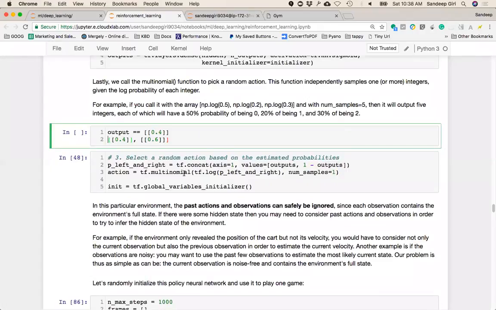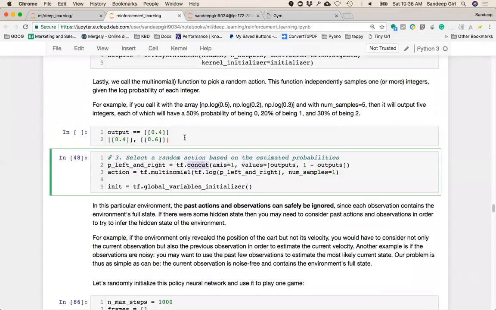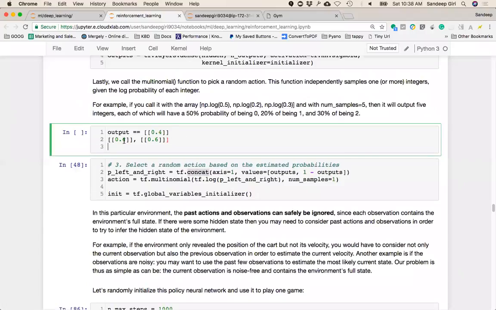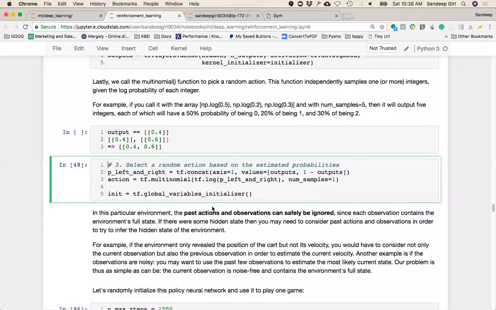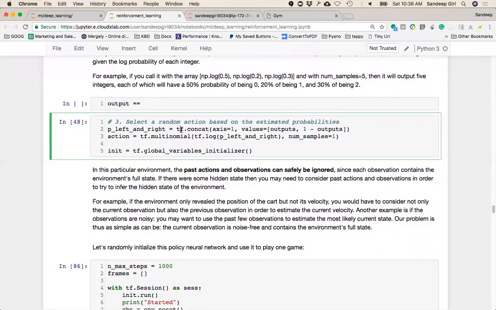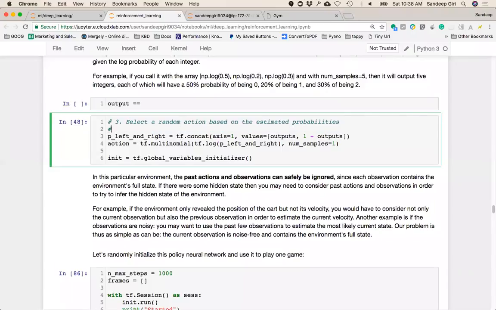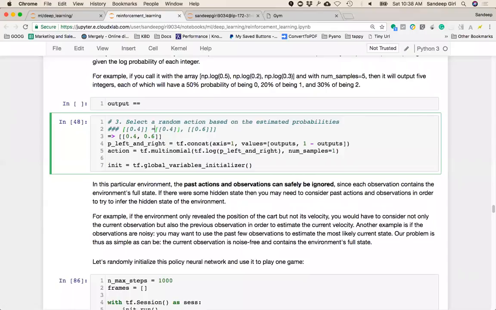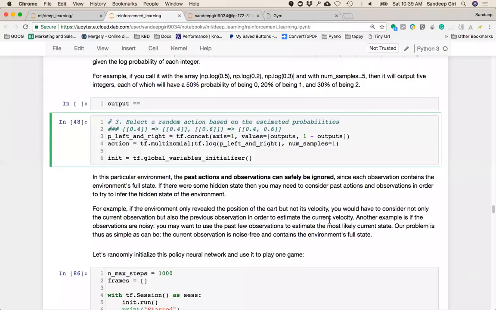So this concatenate function is going to convert this into something like 0.4 and 0.6. That's all. If I put it here in the comments, this is what is going on: the value is getting converted into something like this, and then these two are getting merged.